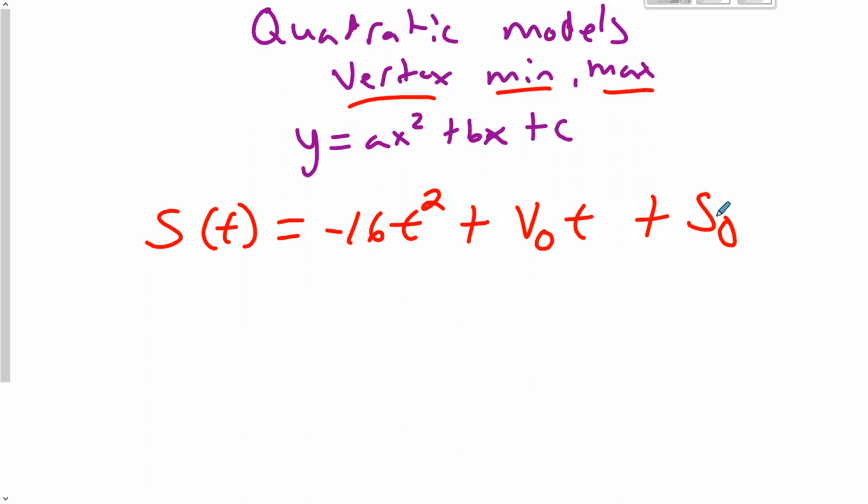So this is the quadratic model for the height of a projectile, where negative 16 is in feet per second squared, v sub 0 is your initial velocity, s sub 0 is your initial height that you start at, and s of t is your height of the object at any given time t.